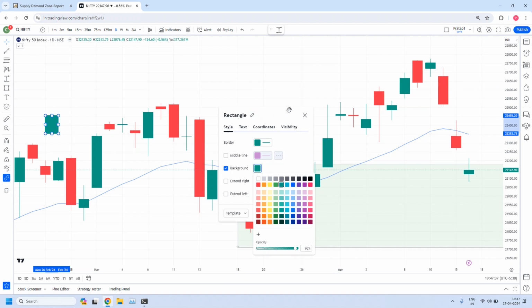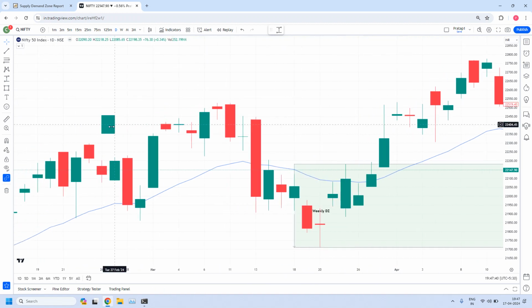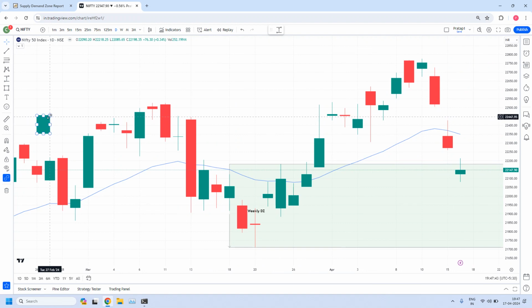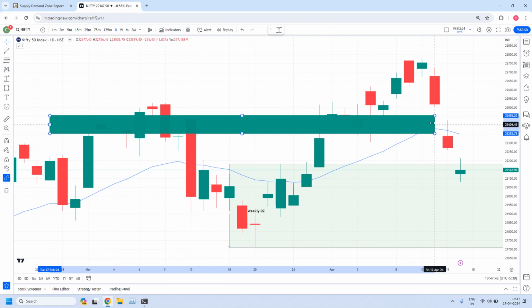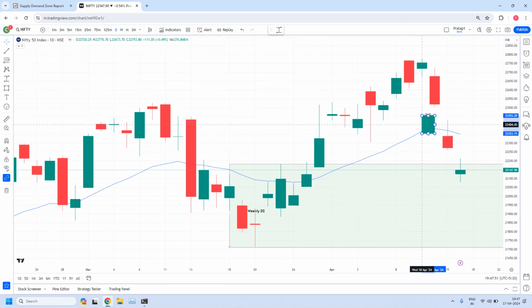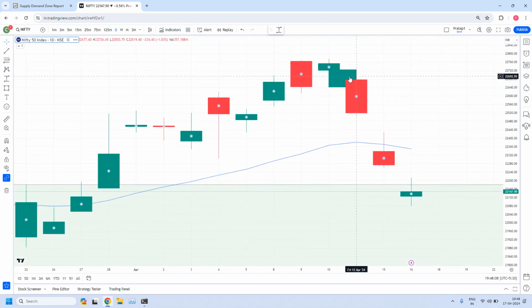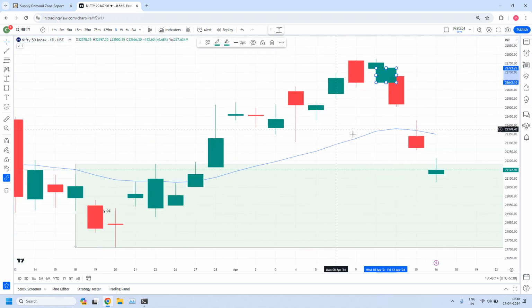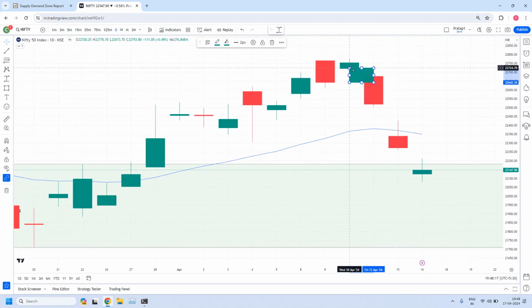Can I move this? The biggest problem with TradingView is it's not letting me.